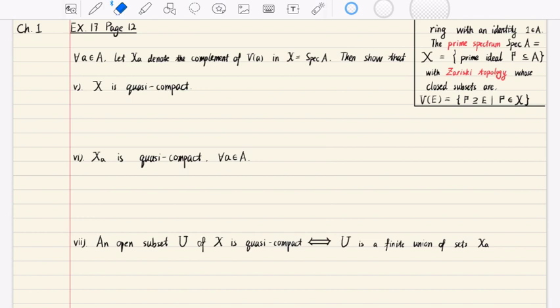Okay, for this one, to prove X is quasi-compact, firstly we need to figure out what we need to prove. We can fix our condition like X is covered by a family of open sets.